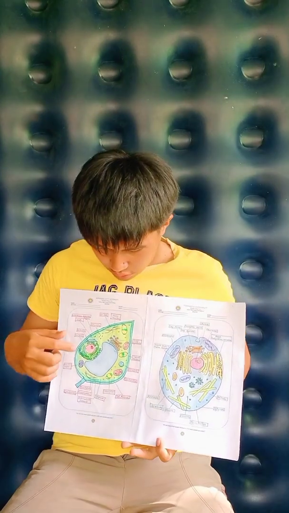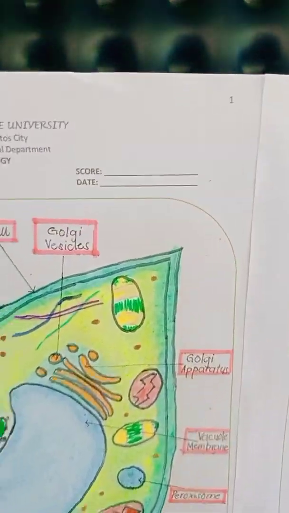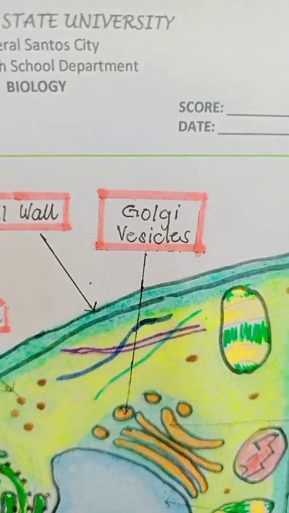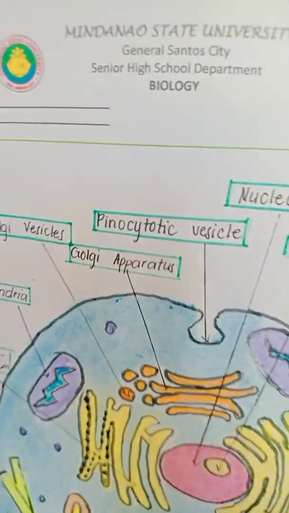Next is the Golgi apparatus or Golgi body, and here it is. The function of this part of the cell is that it receives products from the endoplasmic reticulum and adds final modifications, and it also sorts these products and sends them to their final destination.